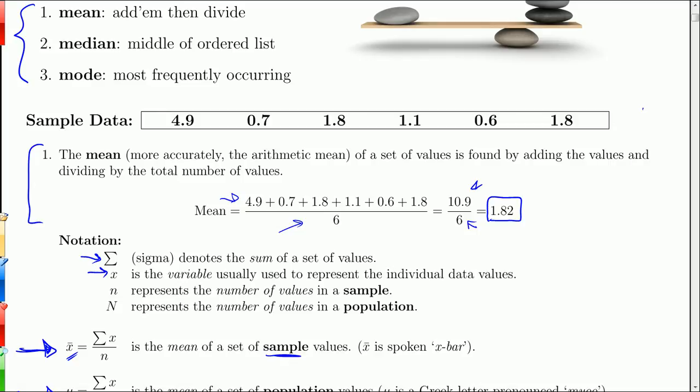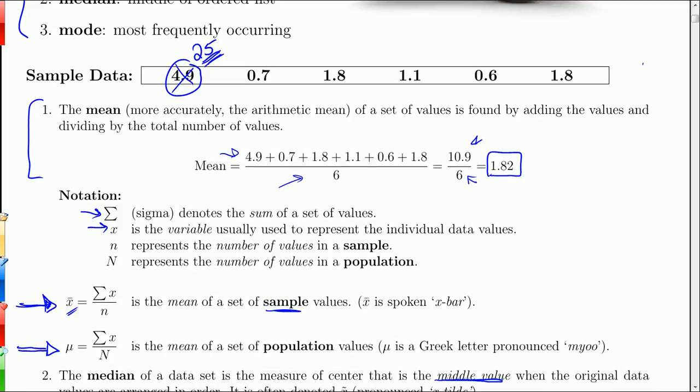I'm going to change this 4.9 to, say, a 25. If that 4.9 is changed to a 25, the mean is going to go up drastically, right? The mean is sensitive to extreme values, whereas the median will not be affected at all. So the median is not affected by extreme values.